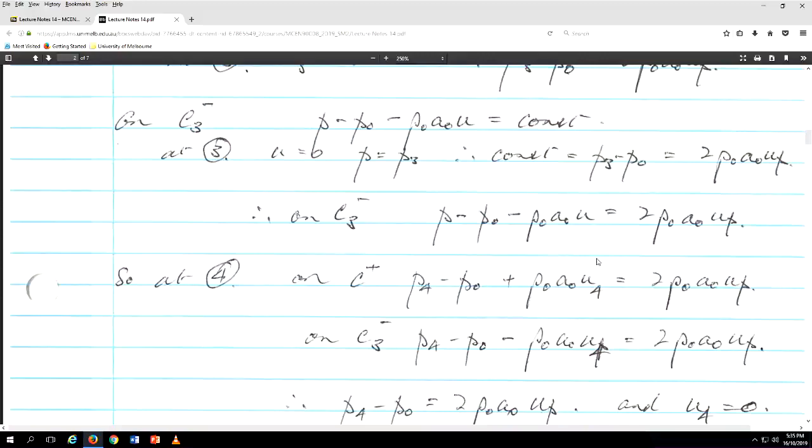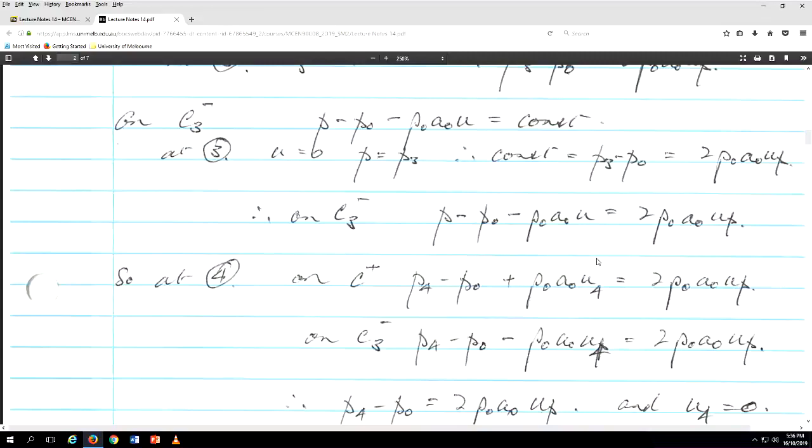So if I subtract one from the other, I get 2 rho naught A naught U4, and the other side is 0, so U4 has got to be equal to 0, and if U4 is equal to 0, then P4 minus P0 is 2 rho naught A naught UP.